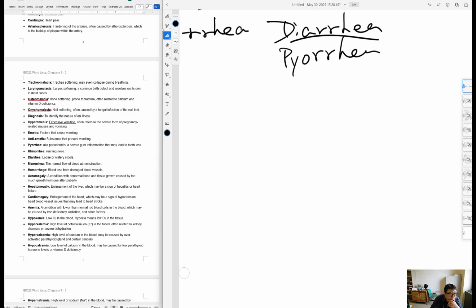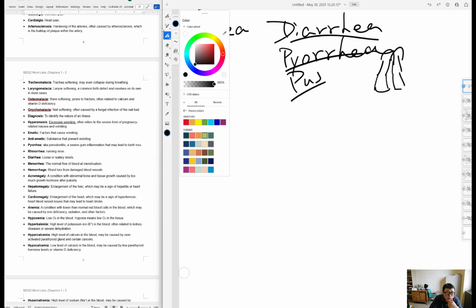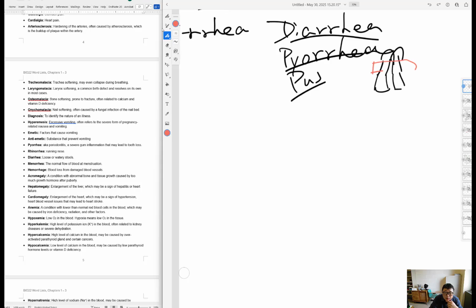And then pyorrhea. Pyorrhea comes from the word pus, too much pus. However, this doesn't really mean the pus is growing. So that's a tooth, the tooth grows into the bone socket, and above the bone socket, you also have the gum to protect the teeth.